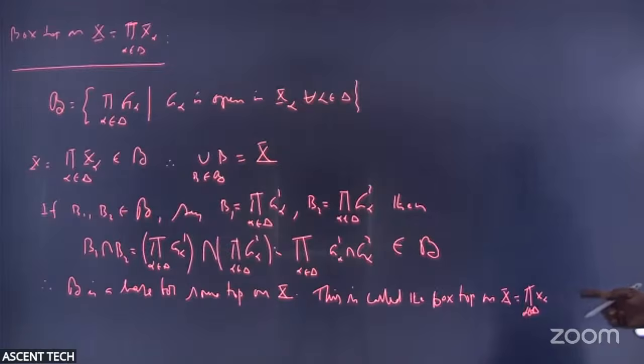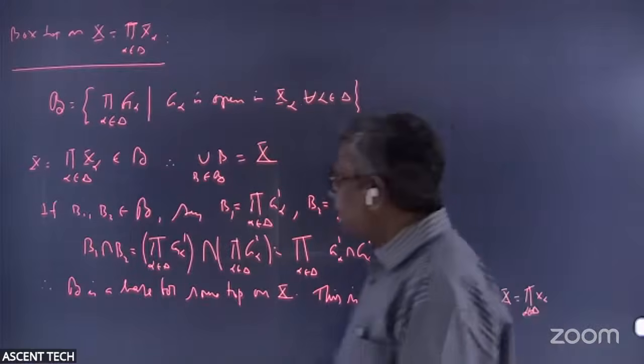Actually, here also, one thing is that I have more open sets in the box topology, isn't that right? So right away, the box topology is stronger than the product topology.